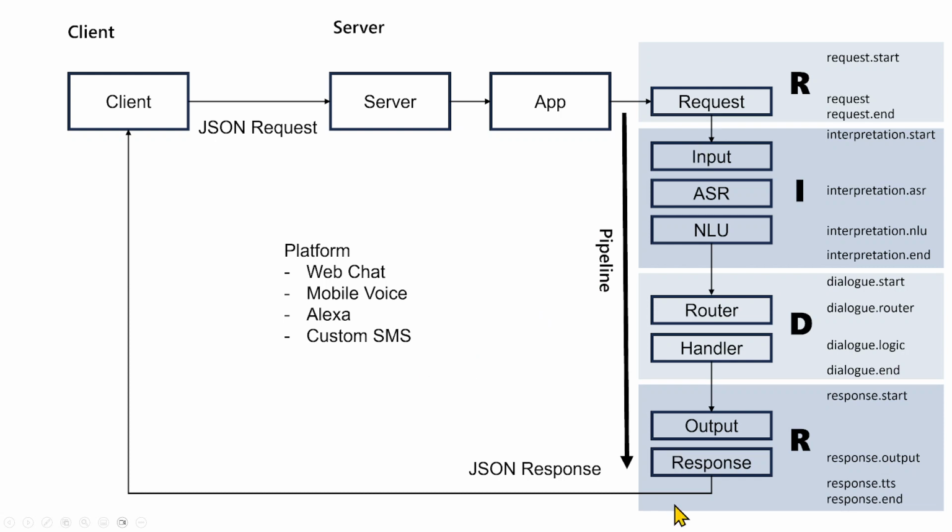And those steps are considered the pipeline, or what I call the pipeline. And you'll notice that the pipeline is sectioned off into different sections that follow that RIDR lifecycle: the request, interpretation, dialogue, logic, and the response. Now, what you also see on the far right side of this is what Jovo calls middlewares.